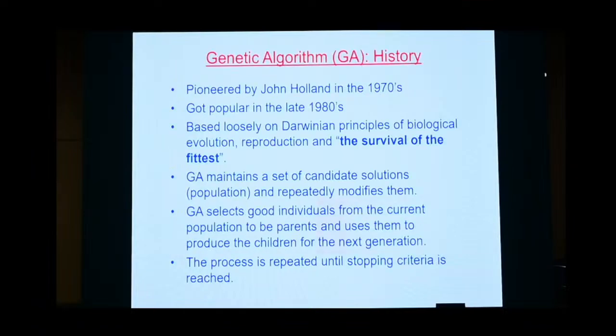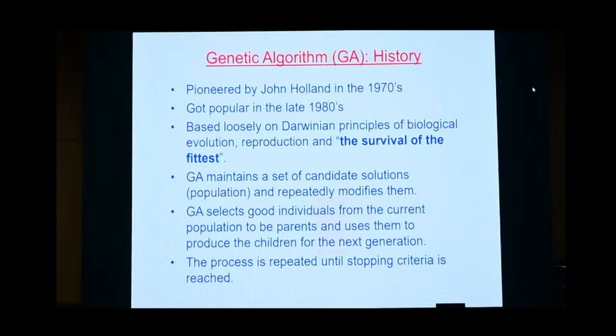Next, on this concept, the genetic algorithm is a search technique or optimization technique. It was developed and got popular in the late 80s, and it is based on survival of the fittest. Whoever is fit will survive, and whoever is not fit will be eliminated. So that is happening in our generation now.